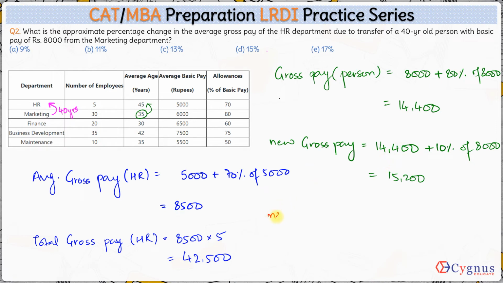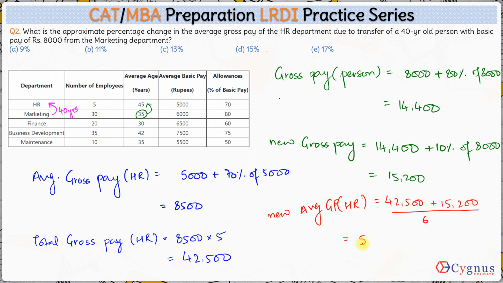Now the new average gross pay for the HR department would be how much? Let's see. Initial total gross pay is 42,500, and this person joins with the gross pay of 15,200, and the number of people now becomes 6 in the HR department.